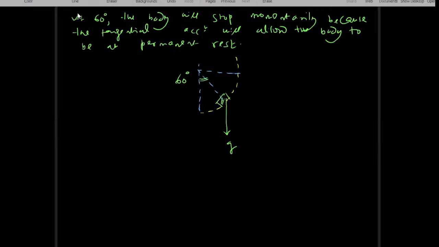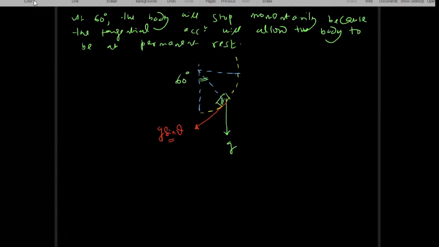This is the direction of g, and tangentially in this direction, g sin theta will act. g sin 60 degree actually. So this will pull the body. This will not allow the body to be at permanent rest. Clear? Fine. The situation is clear to everyone. So now we are going to the second case, then the third case.